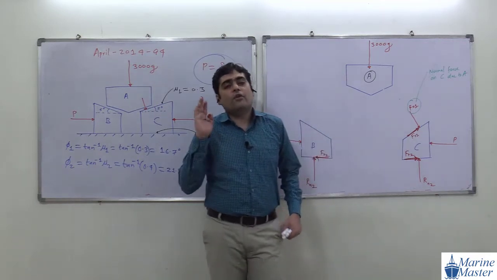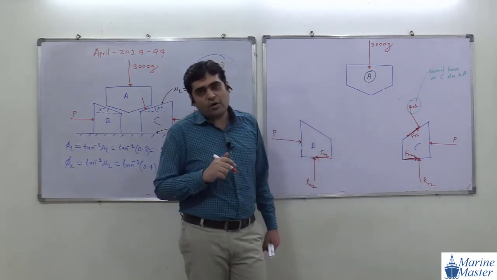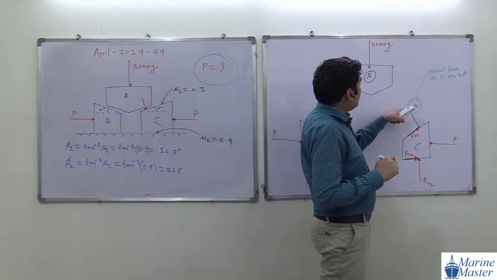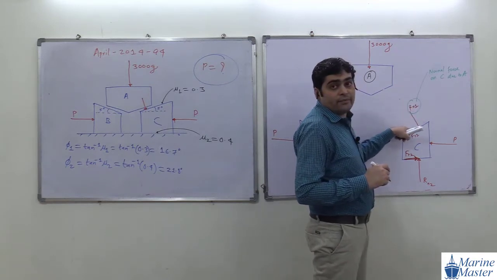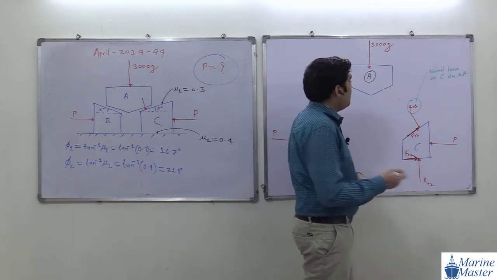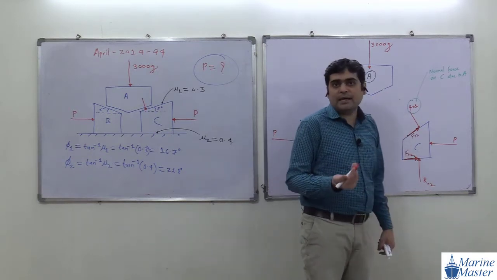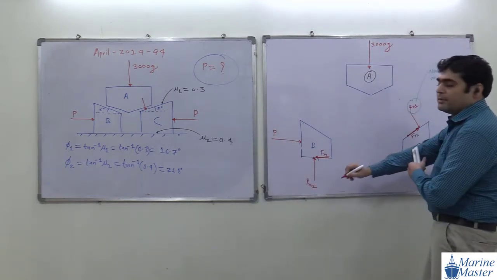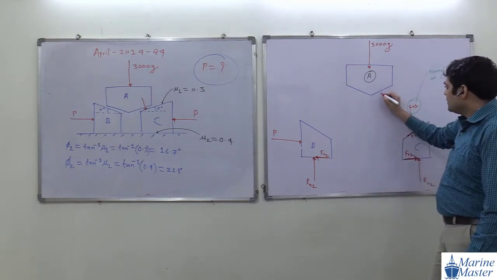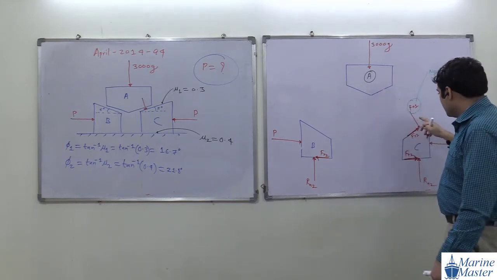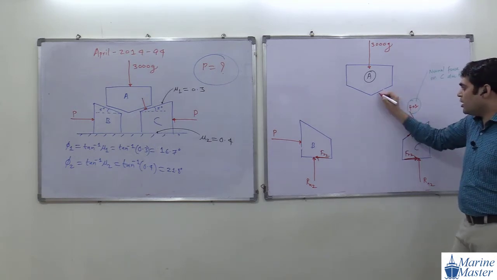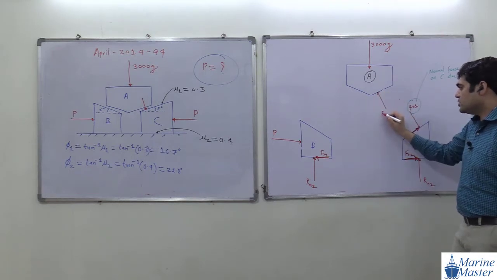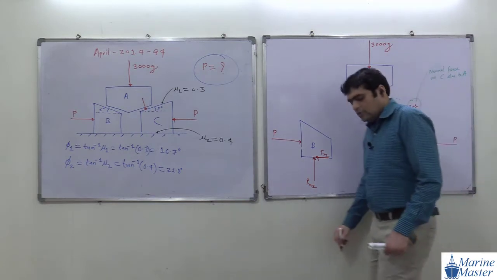If Rn1 is the force on C due to A, then an opposite force C will apply on A. So this force will also be Rn1. Are you getting my point?